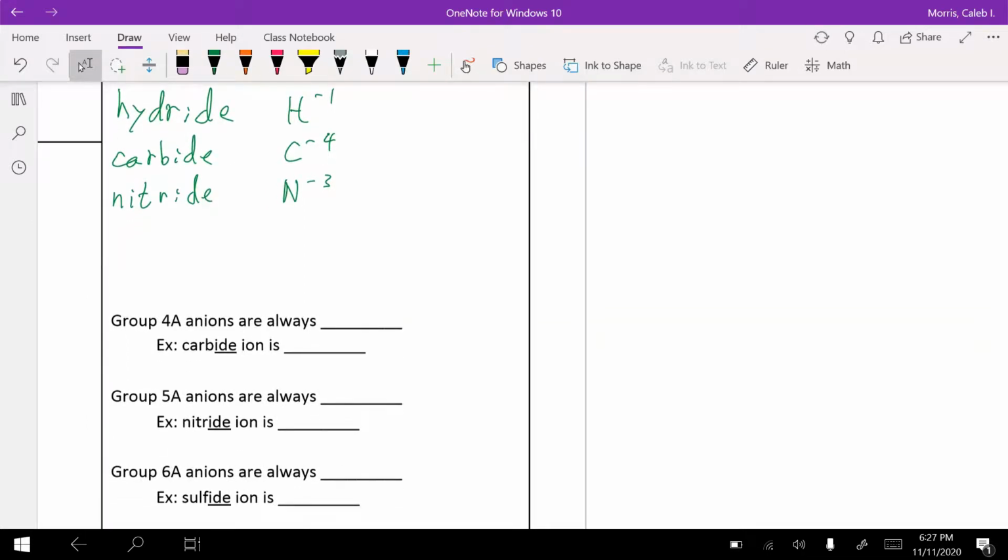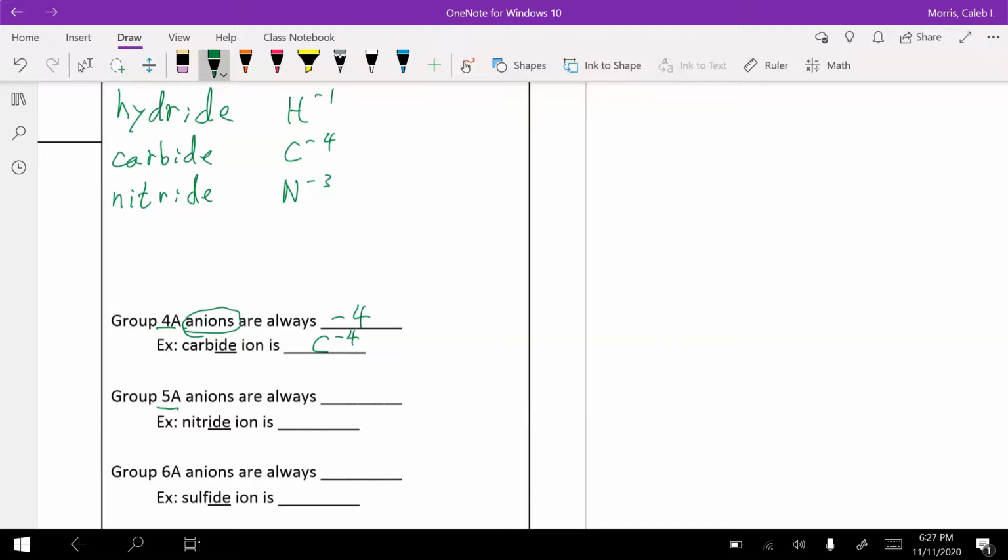Now let's look at how we decide what the charges are. Group 4A anions are always -4. So like carbide would be C with a -4 charge. If it's a group 4A anion, it's a -4 charge. If it's a group 5A anion, that's one further over to the right, and it's closer to the noble gases, so it has fewer electrons that it would have to gain to get to a full outer shell.